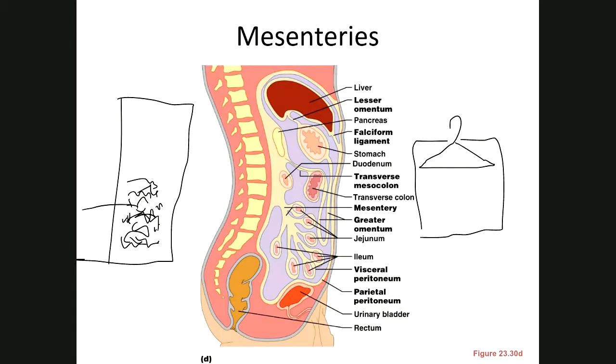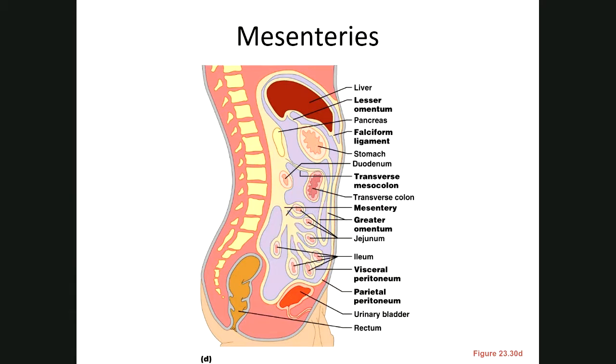If we didn't have mesenteries, all of these organs would fall to the floor of this abdominal cavity, and they would just pile up. And the bottom ones would be crushed by the top ones. So these mesenteries are really, really important. They suspend the organs. Look, that organ is just hanging in there by this.